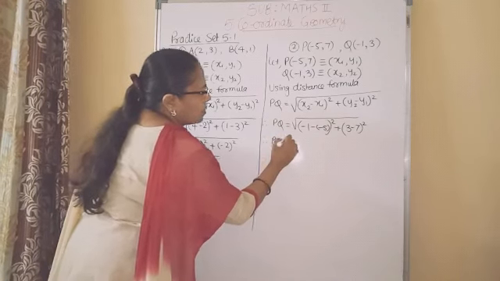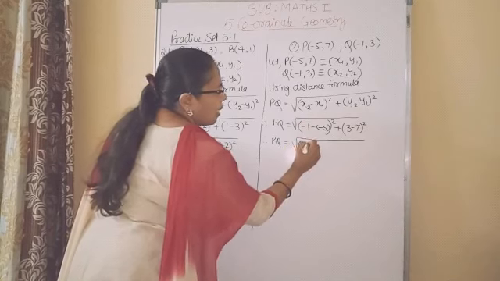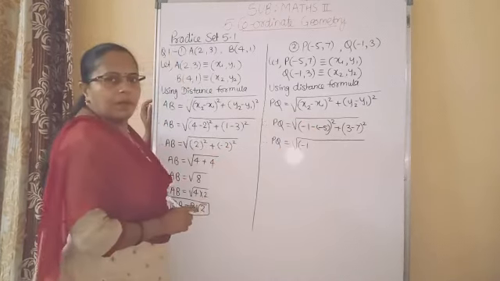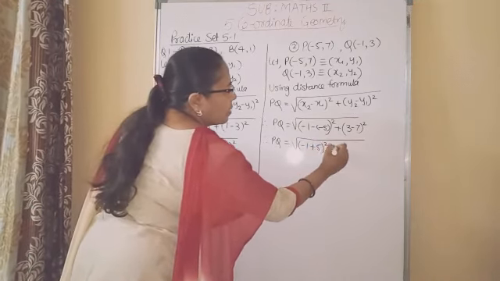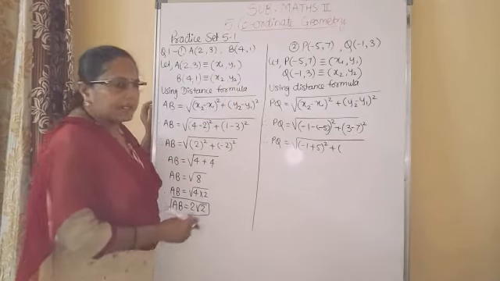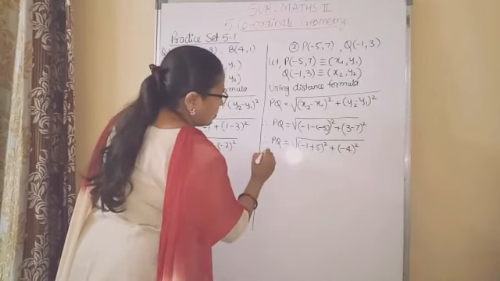Therefore, PQ is equal to the square root of minus 1. Now this minus into minus will become plus. So plus 5 whole square plus (3 minus 7, minus 4) whole square.